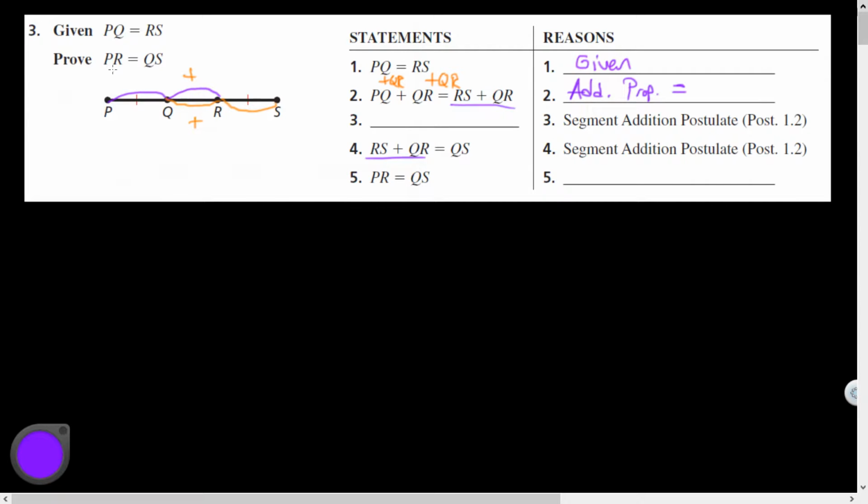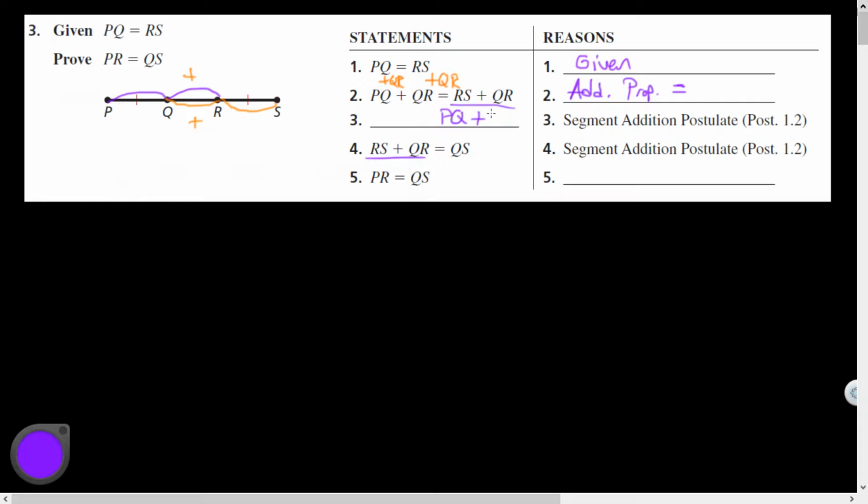Let's actually look at what we're trying to prove. PR is equal to QS. Here we go. Segment addition postulate. Maybe I'll write it on this side.